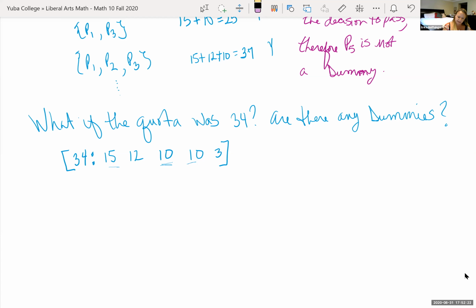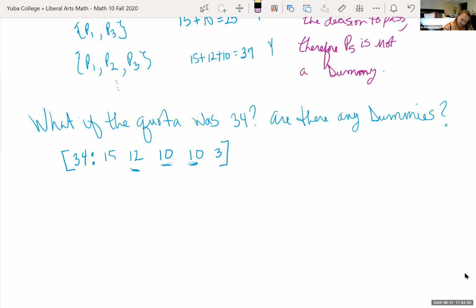So let's see, without player 1, what can happen? So let's say if I had player 2, player 3, and player 4 going, that's 12 plus 10 is 22. 22 plus 10 is 32. They don't pass right here, but if player 5 jumps in, they can push them over to meet their quota.